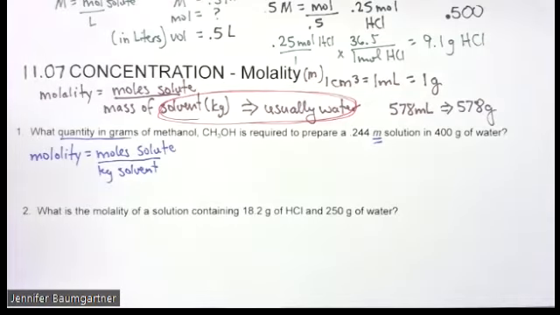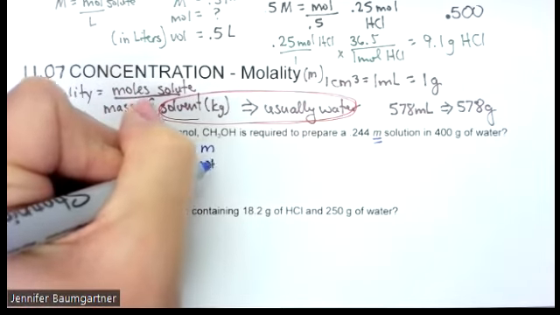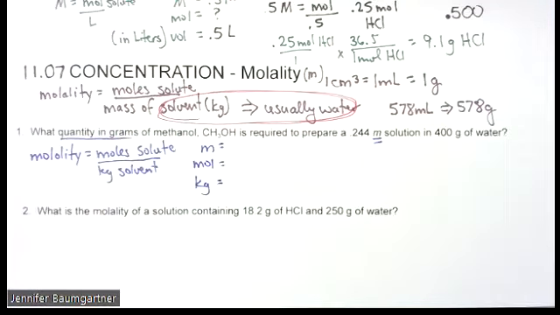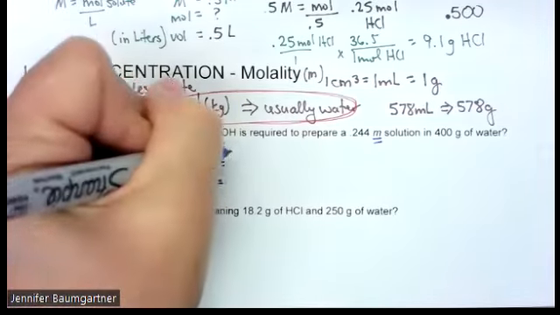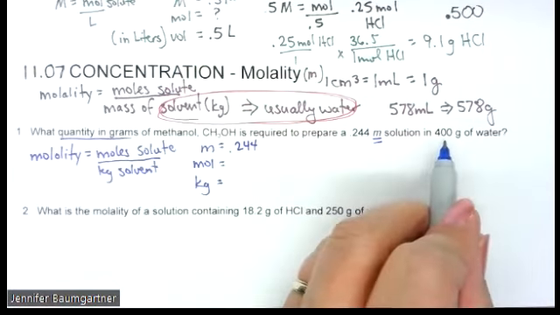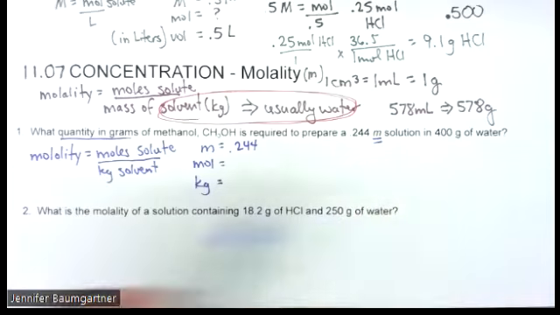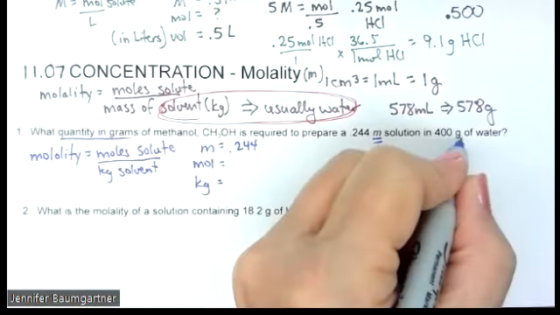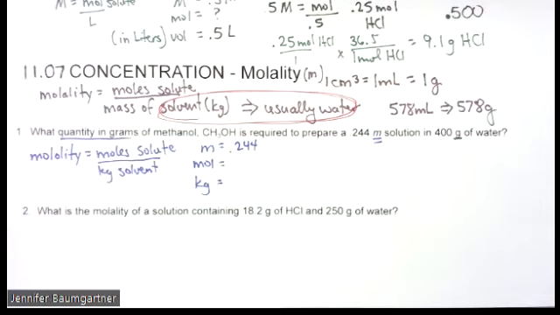All right, now I'm going to do a variable bank. So molality, I've got lowercase m, I've got moles, and I've got kilograms of solvent. It tells me that my molality is 0.244, and it tells me I have 400 grams of water. So I don't have to convert milliliters to grams, but notice this is in grams, and I have to go to kilograms.